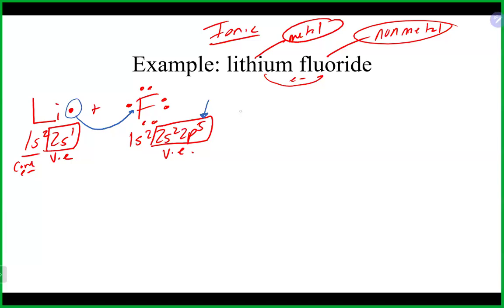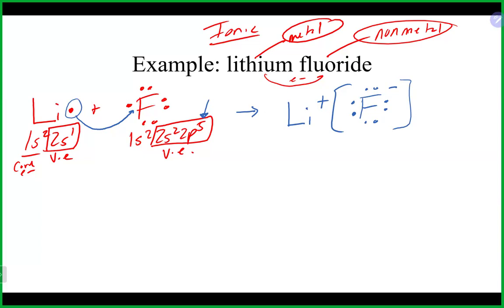And when it does so, lithium will now become positively 1 charged because it lost 1 electron. The fluorine will pick up the electron, and because it picked up an electron, it will also pick up a negative charge. And this would represent an ionic bond that is formed.